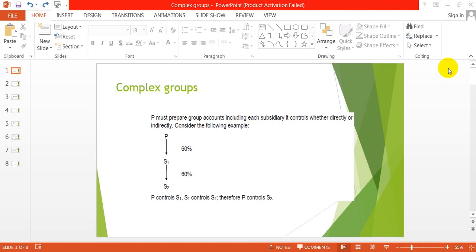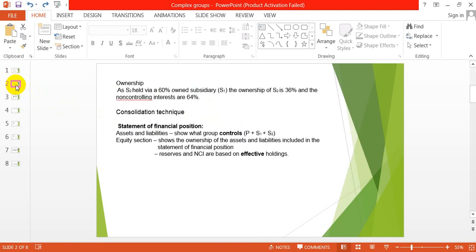The effective interest in S2 will be 60% of 60%, which gives us 36%. So P effectively controls S2 by 36%, and therefore the non-controlling interest in S2 is 64%.